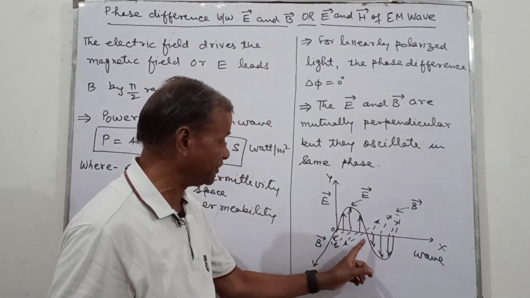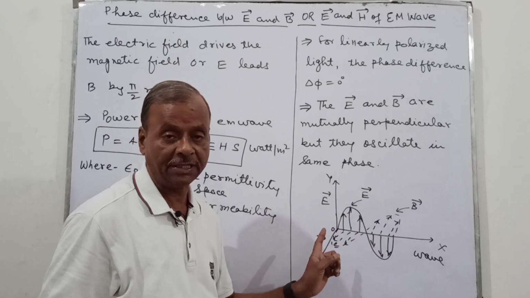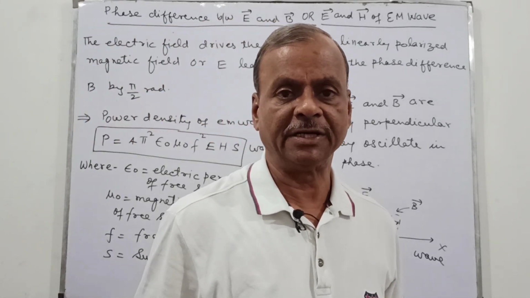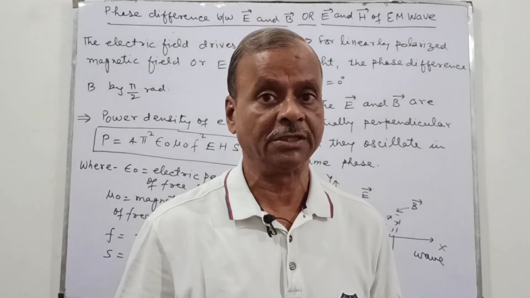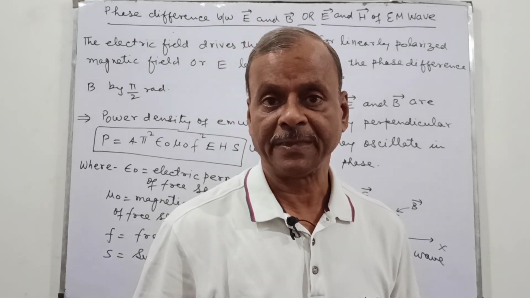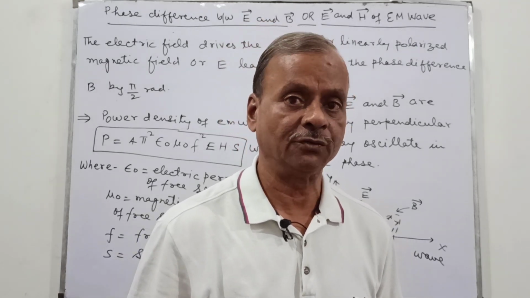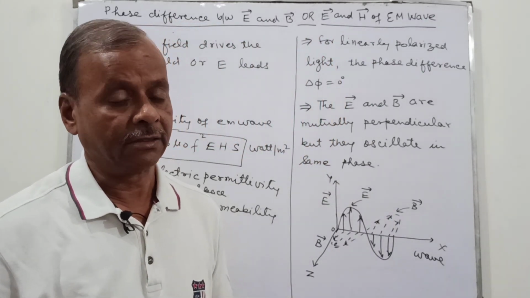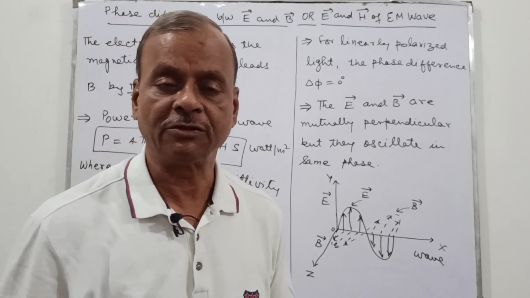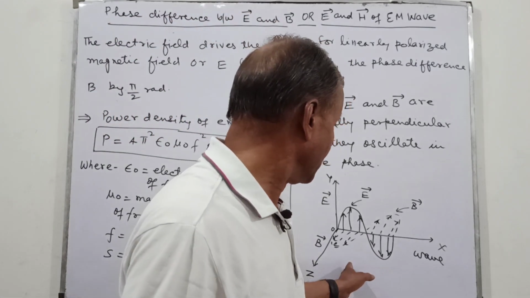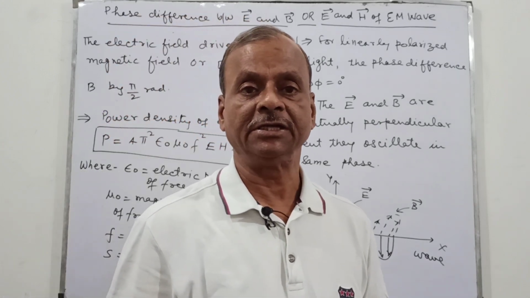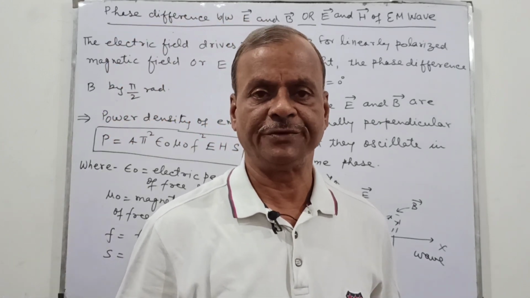So we can have that the phase difference between E and B is 90 degree near the source of the EM wave. But as the wave goes away from the source, this phase difference decreases. At infinity the phase difference is 0. And for linearly polarized light, the phase difference between E and B is equal to 0, and E and B are mutually perpendicular but they oscillate in the same phase.